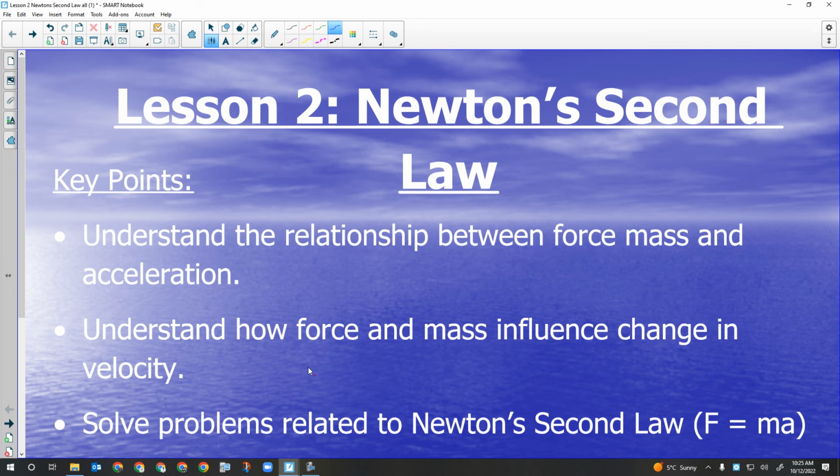Okay, then we have to move on to what is going to be half of this unit. Newton's second law is half of unit 2. Now, that's going to seem weird because Newton's second law is right here. We're going to spend half the unit on a 3-variable formula? Yeah, it's never that simple.